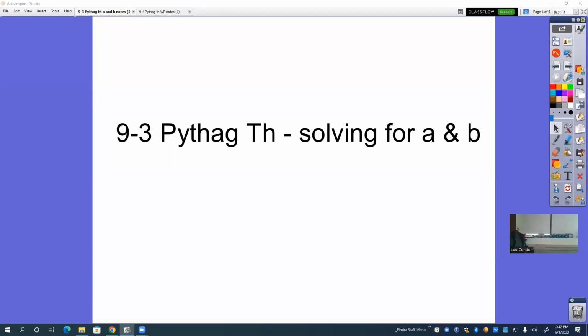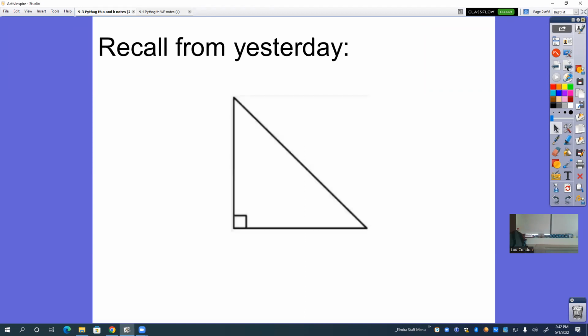Chapter 9, Lesson 3, using the Pythagorean theorem to solve and find A or B. Okay. So from yesterday, we recall that we were trying to find C, the C side.